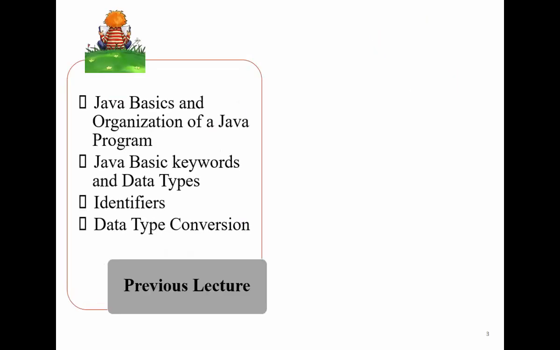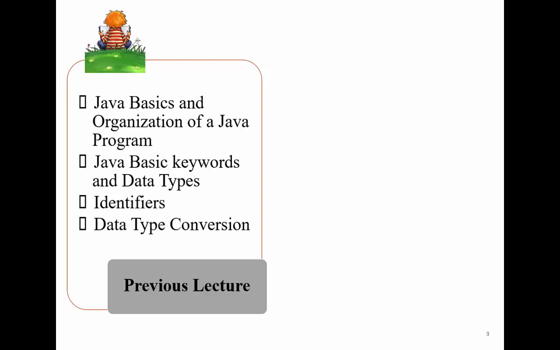Last lecture we discussed Java basic organization. Any Java program should be organized by writing the package name and then importing some necessary packages to complete your programs. Then we have a class, some declaration of the variables, then we have some methods.